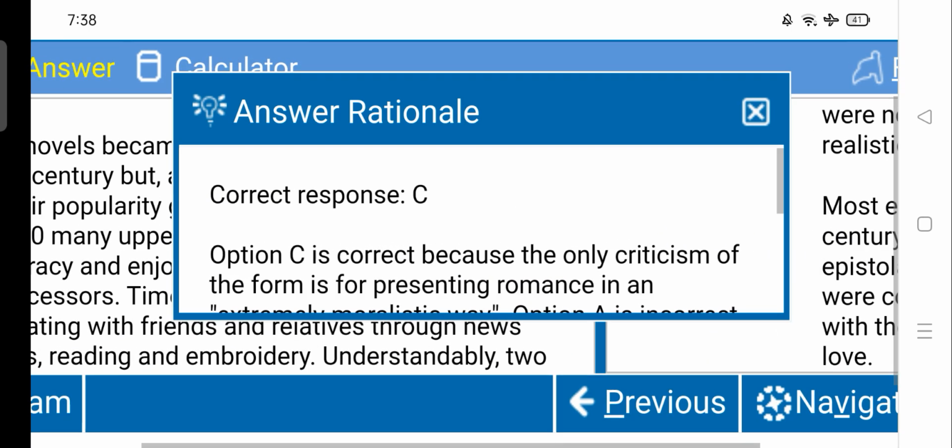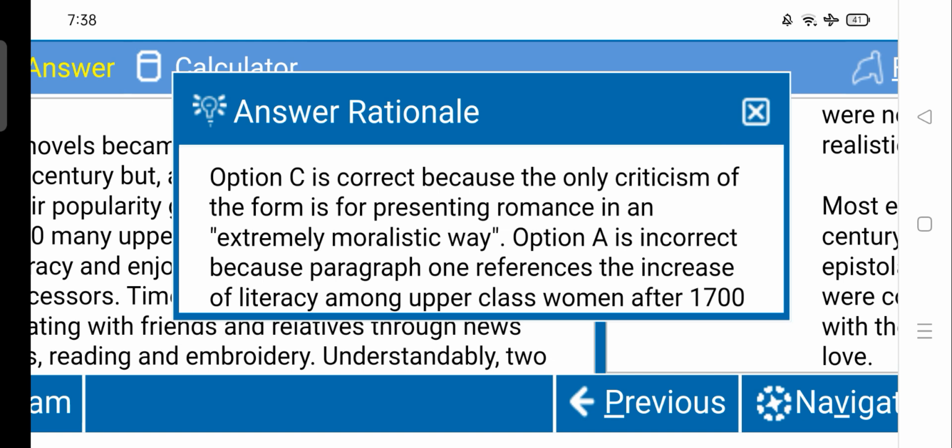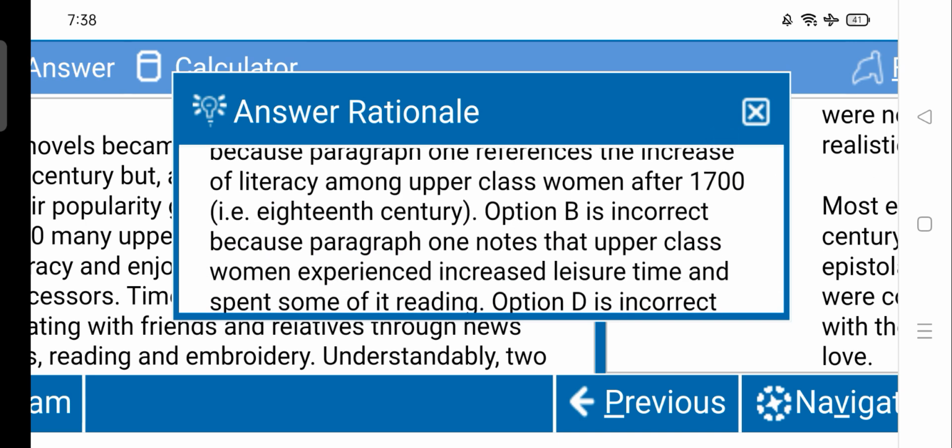So option C is correct because the only criticism of the form is for presenting romance in an extremely moralistic way. Option A is incorrect because paragraph 1 references the increase of literacy among upper class women after 1700, that is the 18th century.